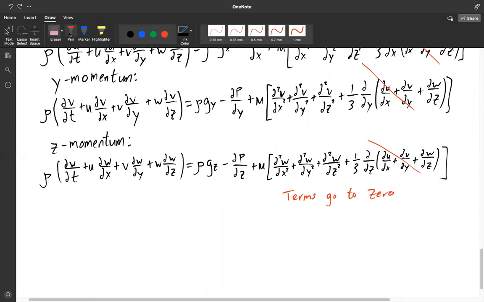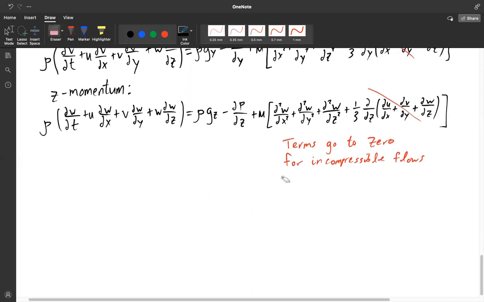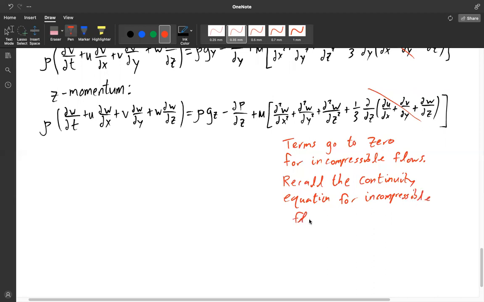For incompressible flows. Recall the continuity equation for incompressible flows will be partial u, partial x plus partial v, partial y plus partial w, partial z equals 0.